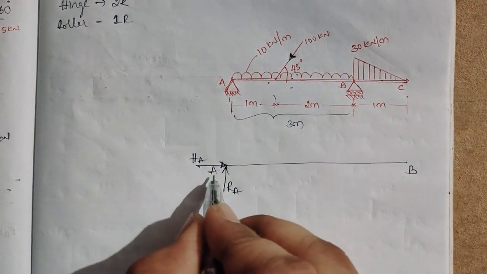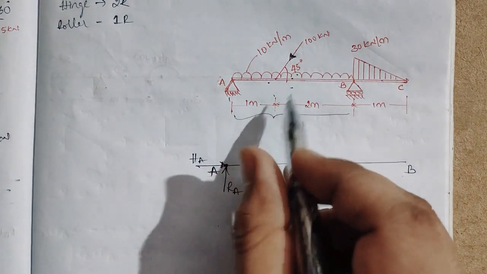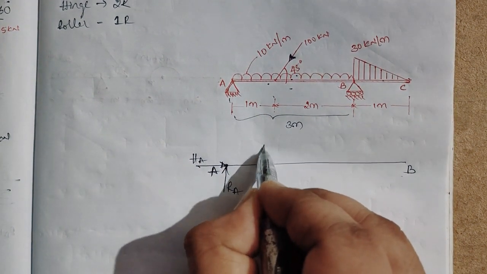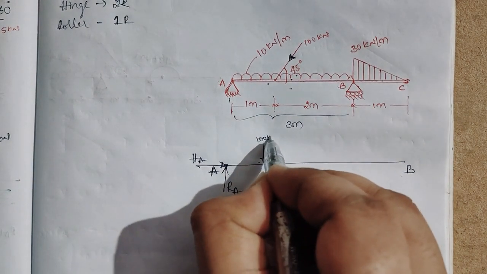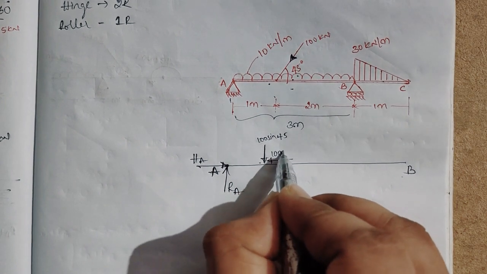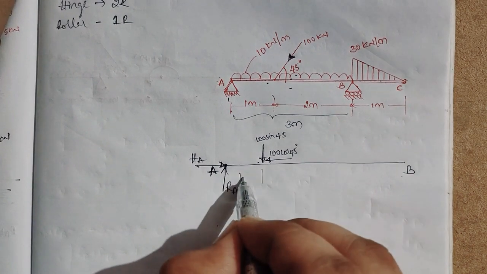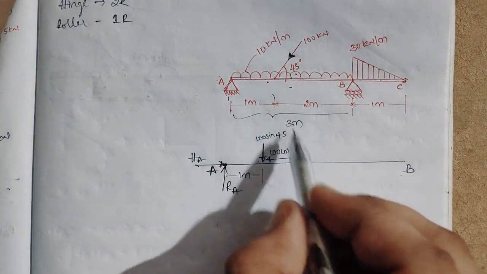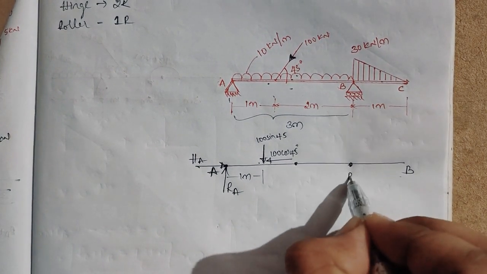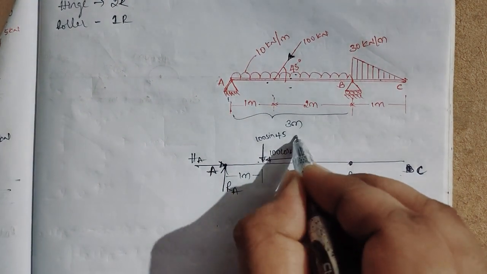Then at 1 meter we have a 100 kilonewton inclined force. It will be 100 sine 45 and 100 cos 45, at a distance of 1 meter. Somewhere here, if this is C, another force will be there.